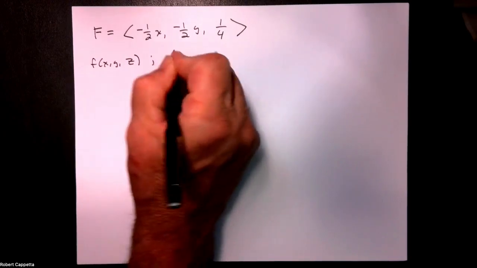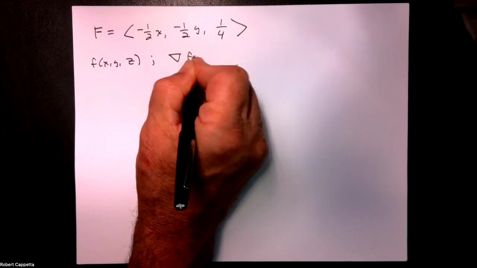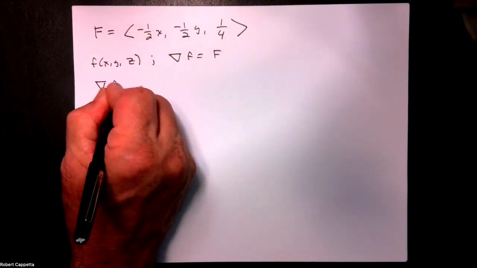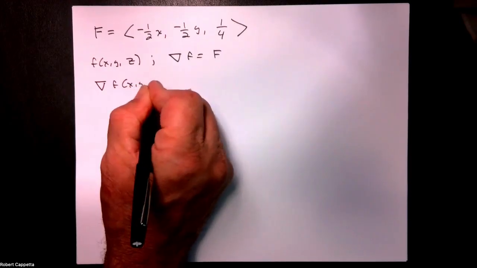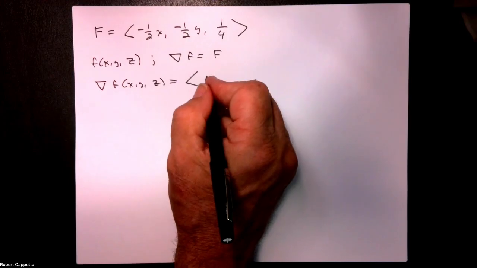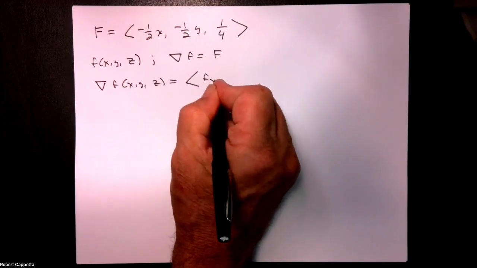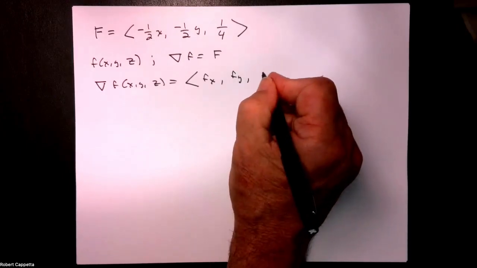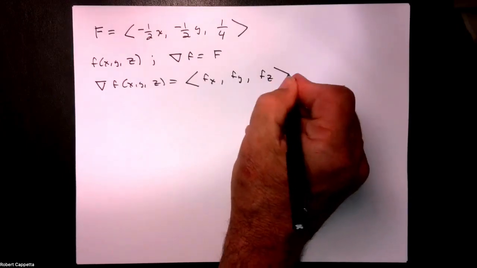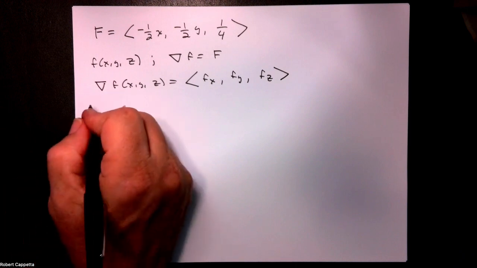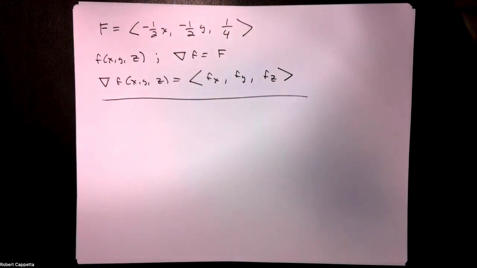We want the gradient of little f to equal big F. What is the gradient of little f of x, y, z? Well, it is the partial derivative with respect to x in this slot, partial derivative with respect to y in that slot, and the partial derivative with respect to z in that slot. So let's build this from this information.